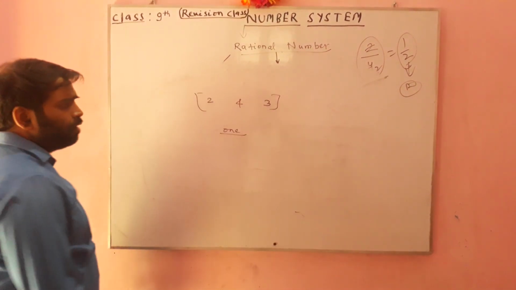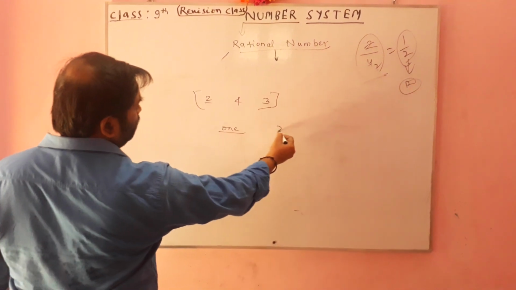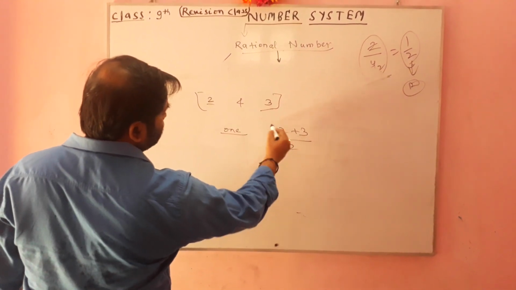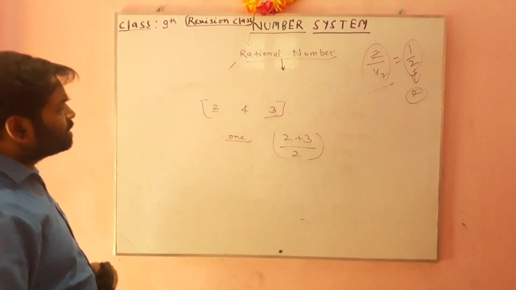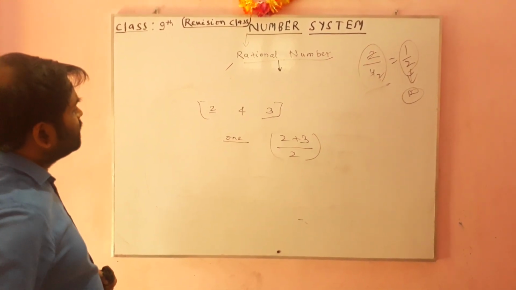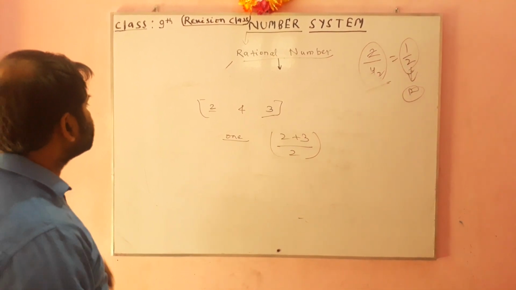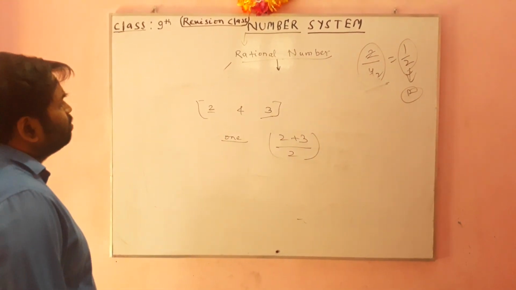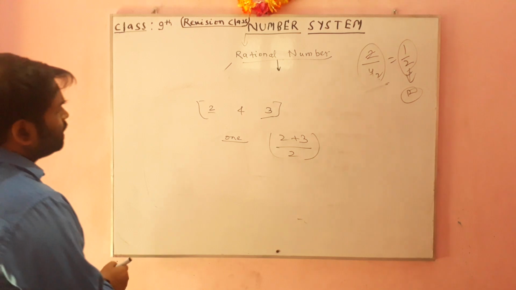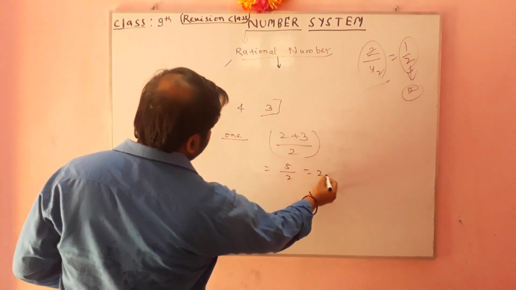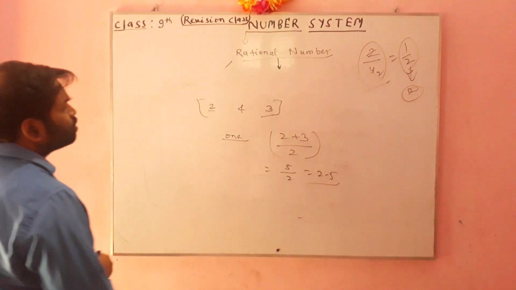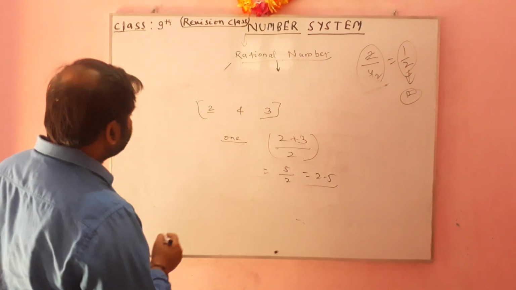How could we find one rational number? Add both numbers and divide by 2. Whenever you have to get only one rational number, the method is adding both numbers and then dividing by 2. So what will be the value here? 5 by 2, meaning 2.5.